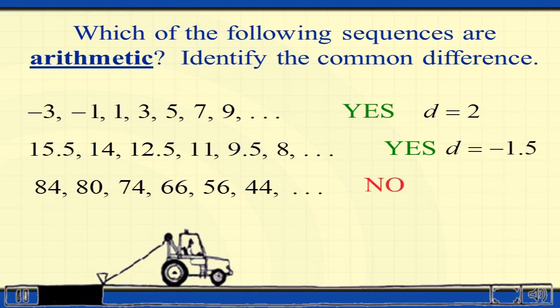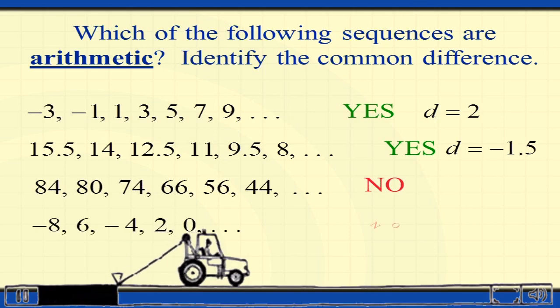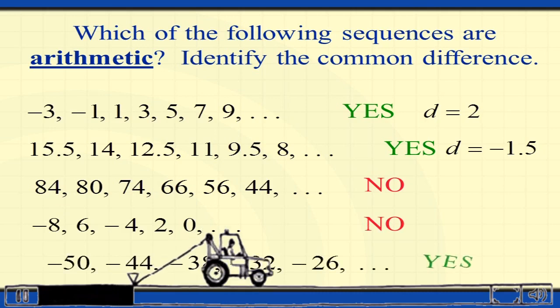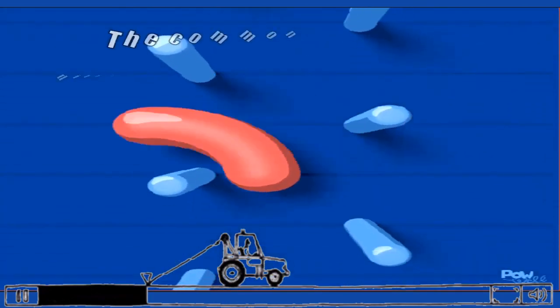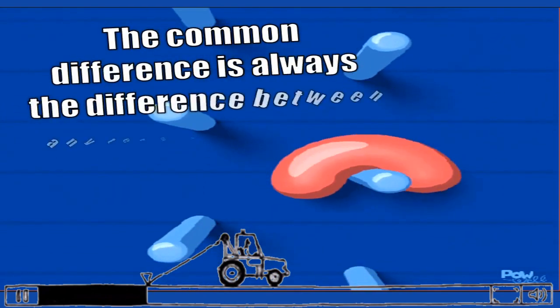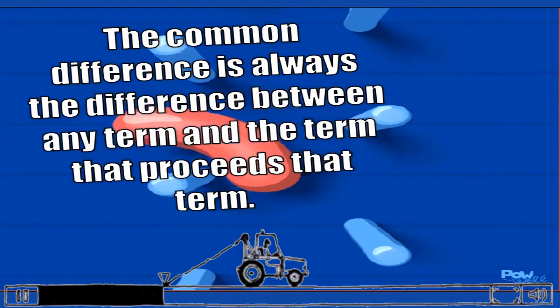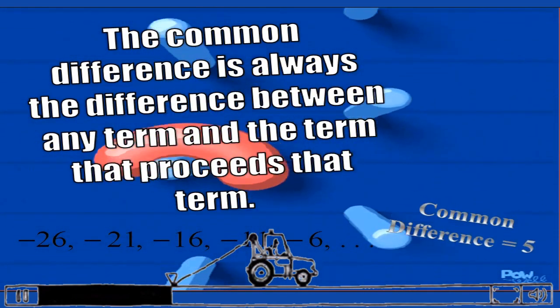No. No. Yes. D equals 6. The common difference is always the difference between any term and the term that precedes that term. Here the common difference equals 5.